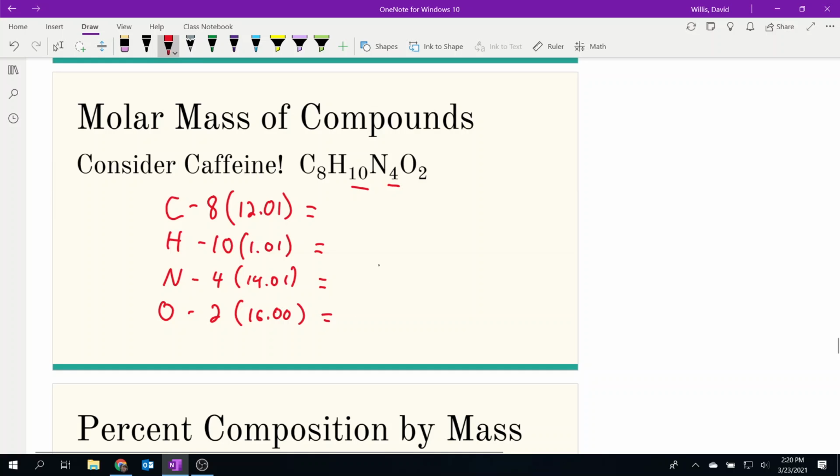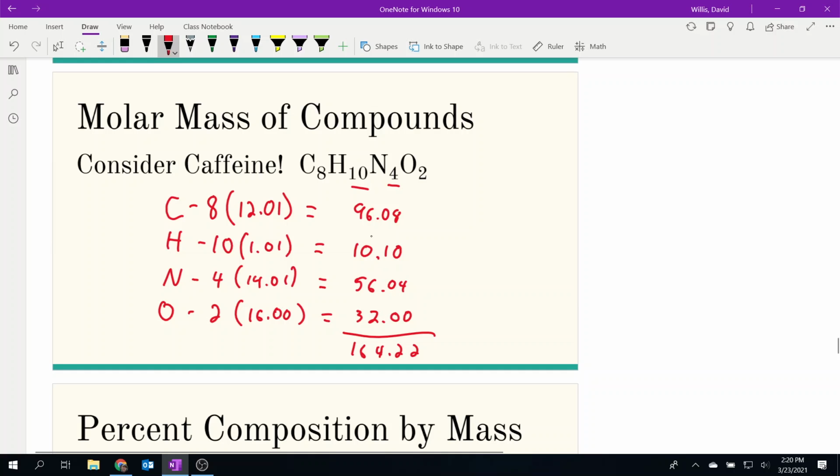All right, so we're going to do a little math here, and then we're going to sum all those up. Let's see, what's that going to be? 96.08. 10.10. 56.04 and 32.00. Add it all up. 6 plus 6 is 12. We get 164.22.